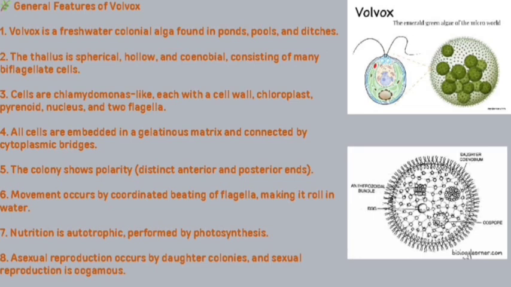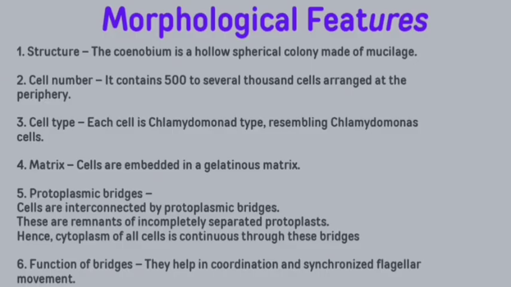The colonies show polarity, meaning distinct anterior and posterior ends. You can easily distinguish between the two ends. Movement occurs by coordinated beating of flagella, making it roll in water. Nutrition is autotrophic as they perform photosynthesis. Asexual reproduction occurs by daughter colonies, and sexual reproduction is oogamous.